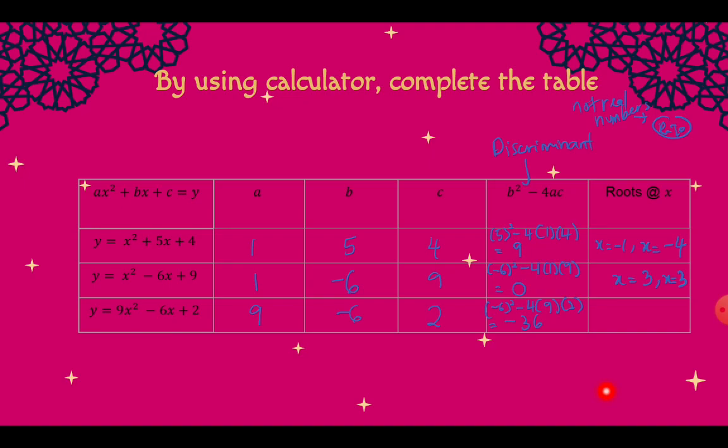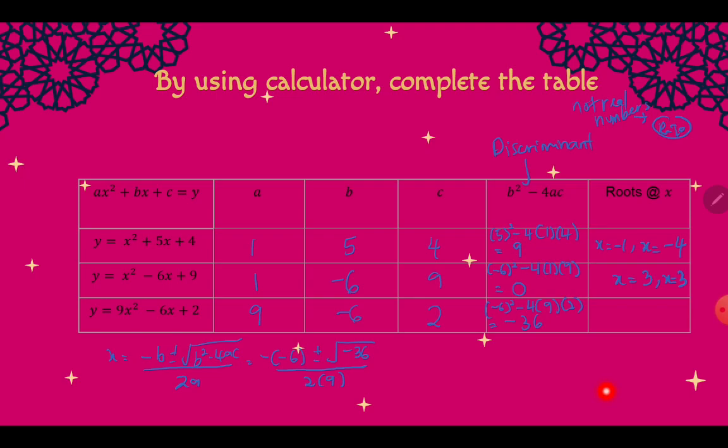The formula is x equals negative b plus minus square root of the discriminant, over 2a. For this one, if we substitute, we have negative of negative 6 plus minus square root of negative 36, over 2 times 9.